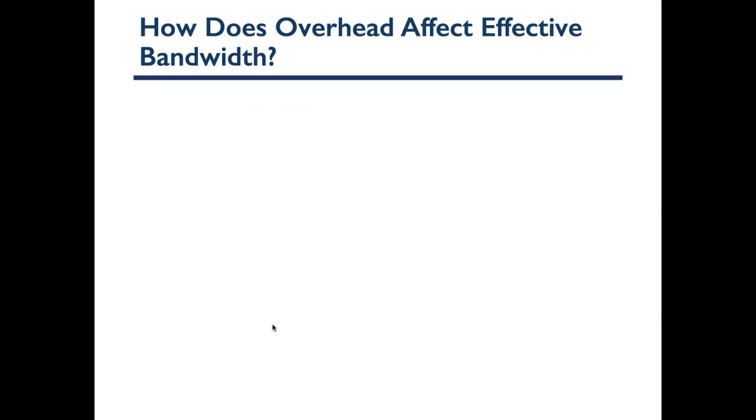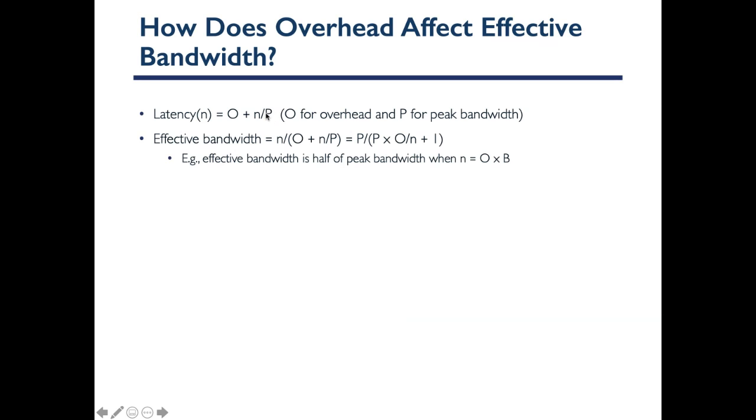Now, how does overhead affect effective bandwidth? Let's look at an example. As I said, this is the formula we have for latency: overhead plus the number of bytes that we're transferring divided by peak bandwidth.